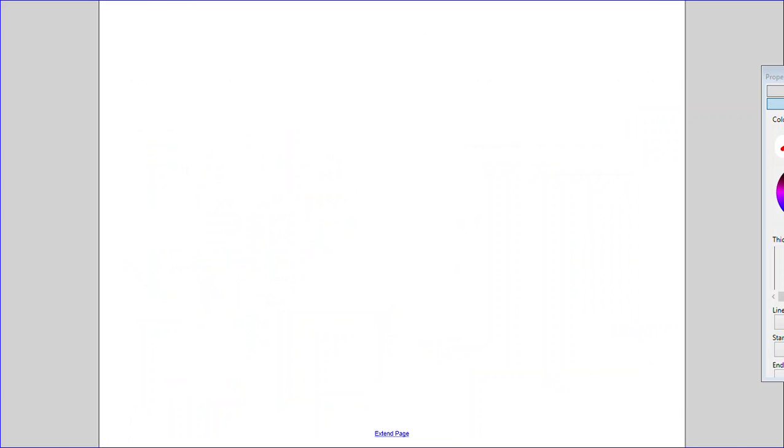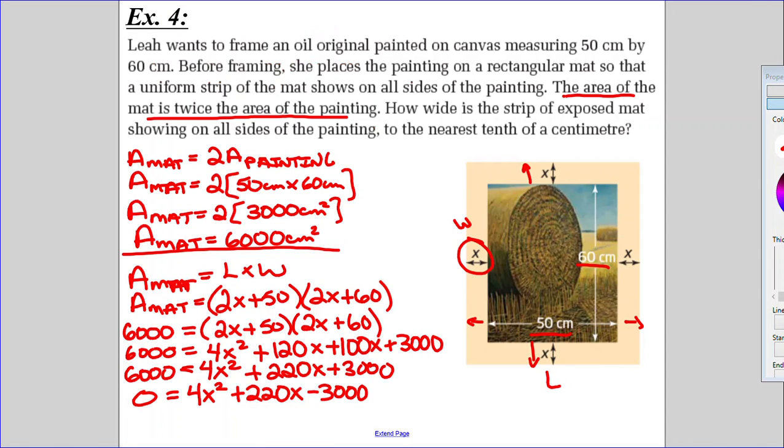I then have my quadratic formula. x is equal to negative b plus or minus the root of b squared minus 4ac, all over 2a. Looking at my 3 variables, a is 4, b is 220, and c is negative 3,000. I do see something in common here: they all end in 0 and look like they could be divided by 4.